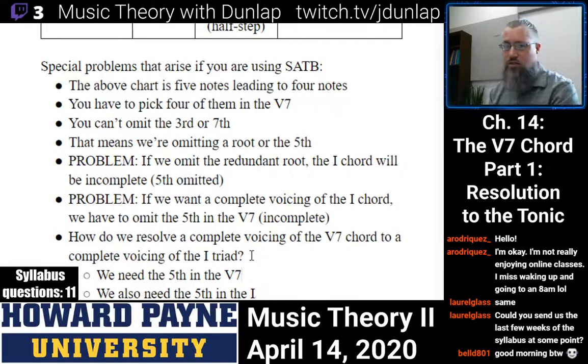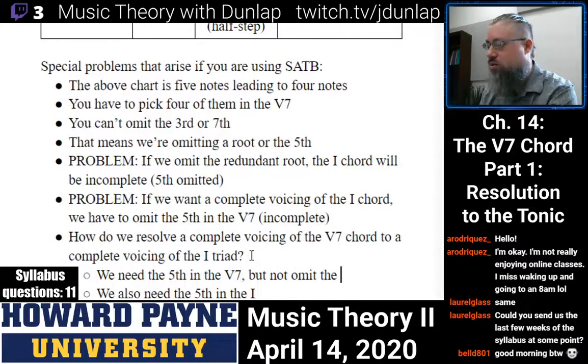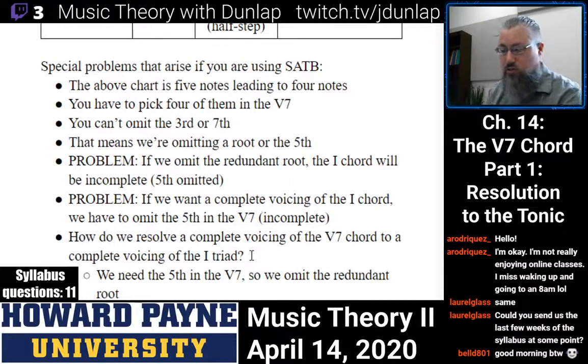We need the 5th and the 5/7, so we omit the redundant root. We also need the 5th and the 1, which is supposed to be led to by the redundant 5th.